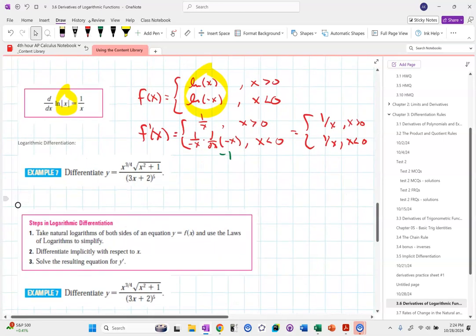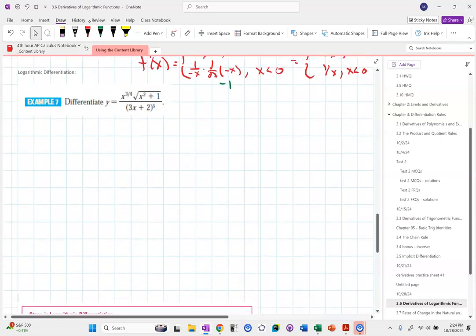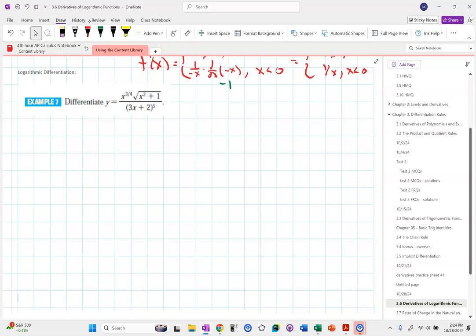All right. Let's take a look at this terrible, terrible, terrible looking problem. When you look at this problem, what do you see? I see a quotient rule first. Inside of that quotient rule, I then see how many chain rules, though?